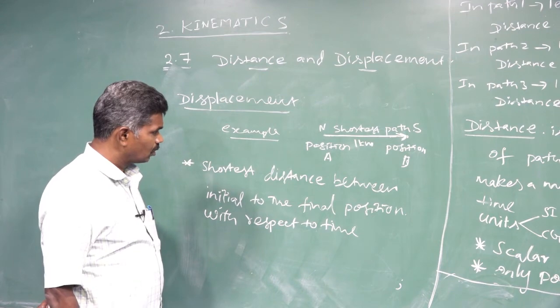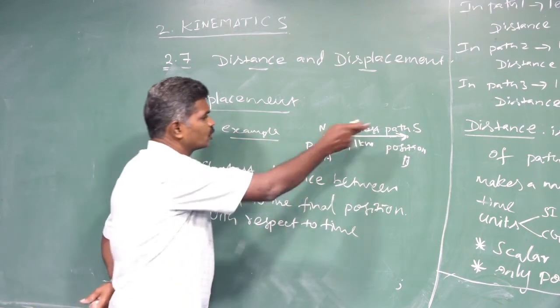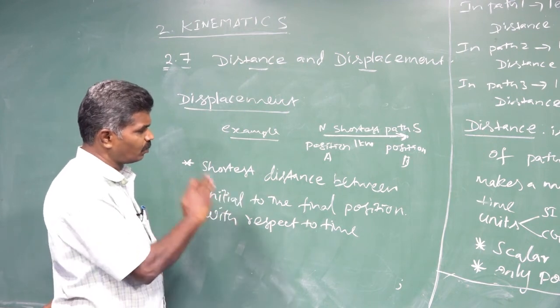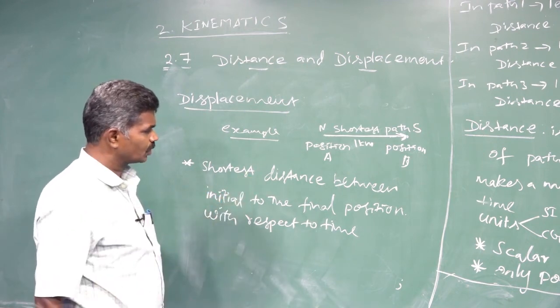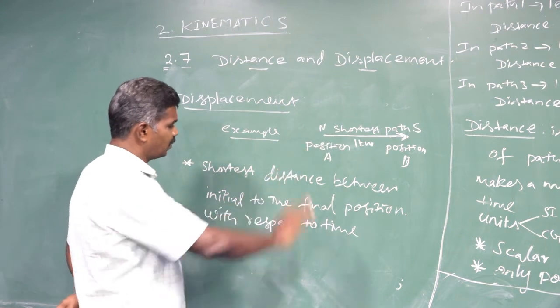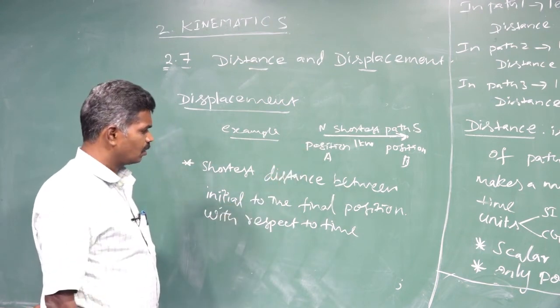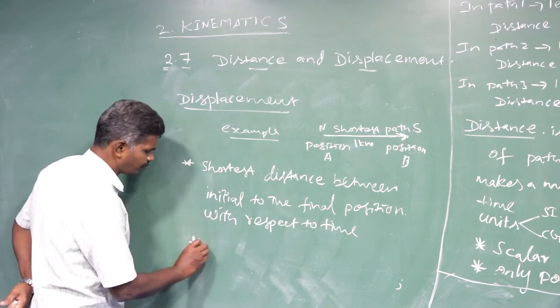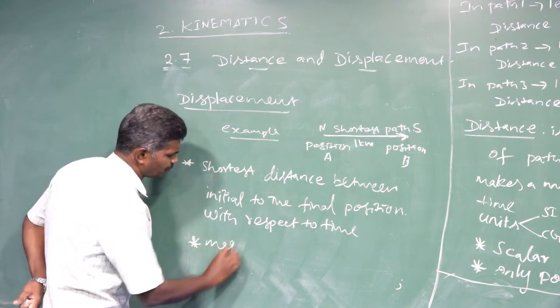Anyhow, if any man moves from position A to B through the shortest path from north to south, that may be taken as a displacement. So it contains magnitude with direction.